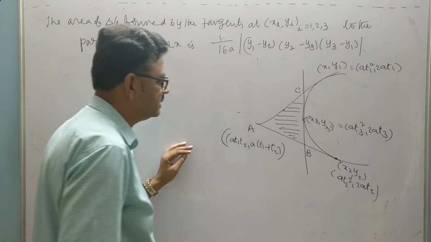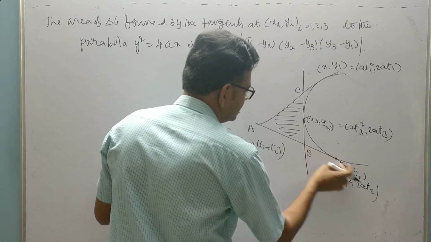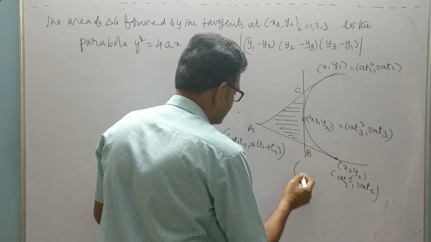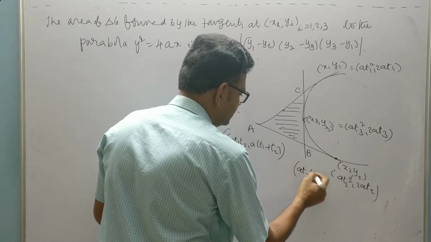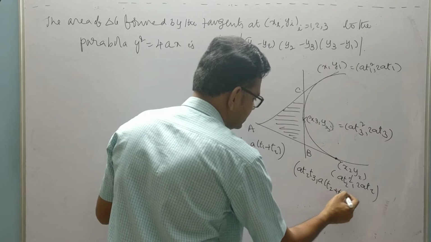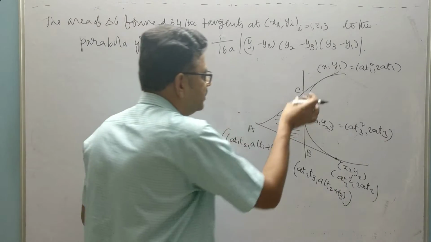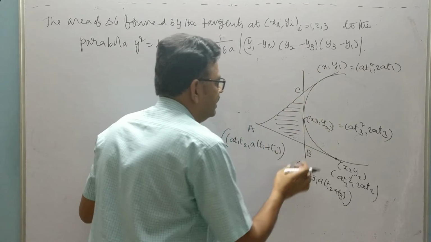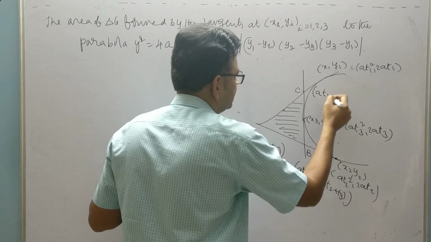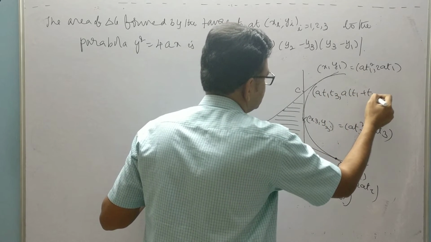The coordinates of B are a T2 T3 comma a into T2 plus T3. And C is the point of intersection of tangents at T1 and T3, so this point is a T1 T3 comma a into T1 plus T3.